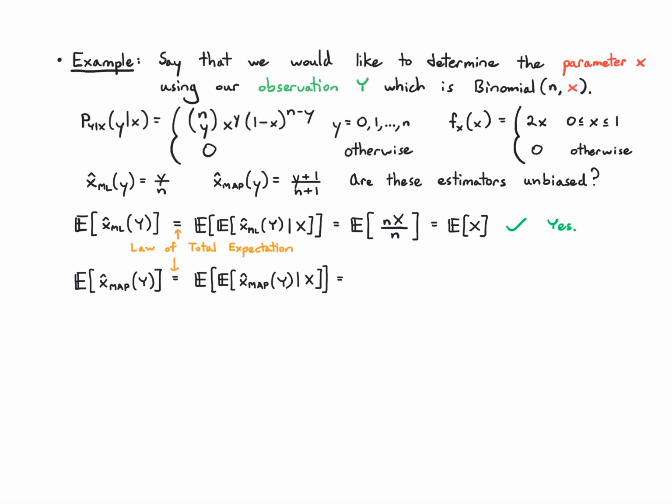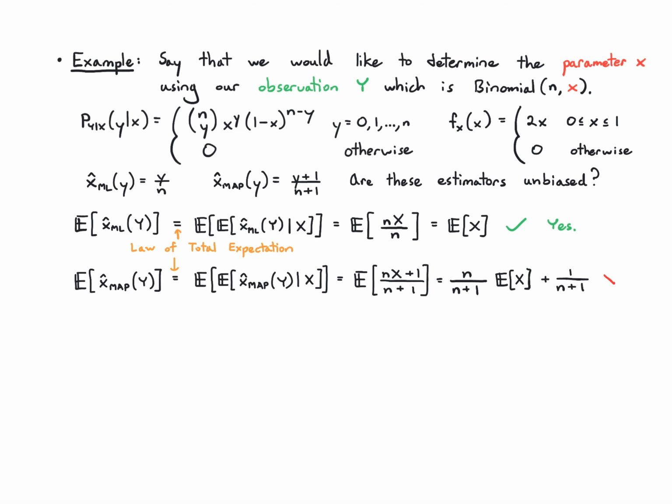And then what that's going to give me is n times the parameter, so nx plus 1 over n plus 1. So it's the form of this estimator where I've replaced y with its average, nx. And so then I just get n over n plus 1 times the average of x, plus 1 over n plus 1.